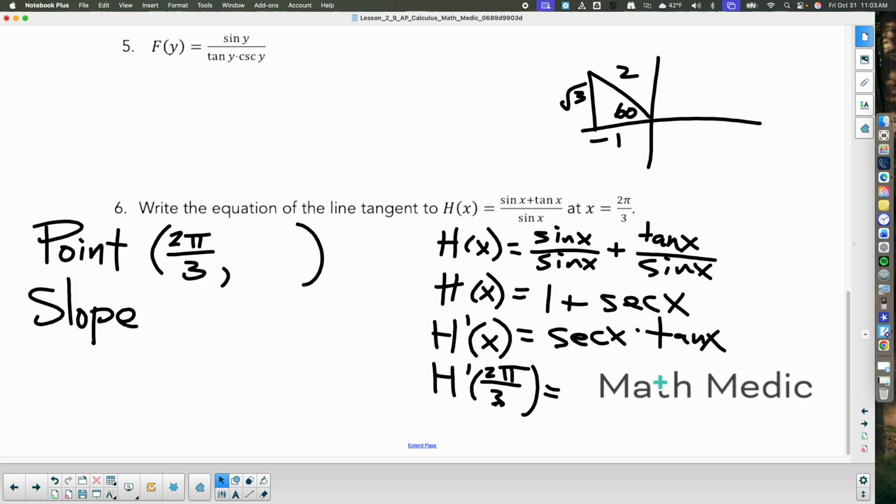Secant is cosine's answer flipped upside down, so it'd be negative 2. Tangent is opposite over adjacent, negative root 3. Okay, so our slope is positive 2 root 3.